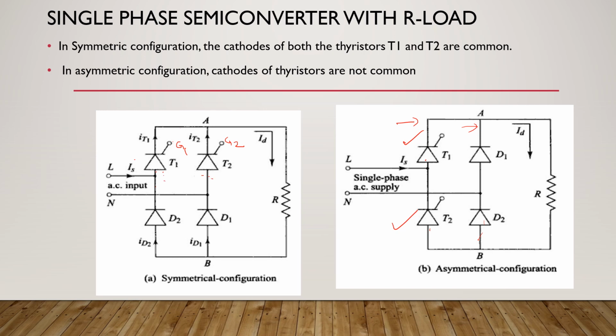So you can see here again that in this case, the thyristors' cathodes are not common. This cathode is connected to A and here this cathode is connected to this point. So the cathodes are not common. So when we are giving the gate pulses, it becomes a little more complicated in design, right? So the symmetric configuration is normally preferred and we will be seeing this in detail.